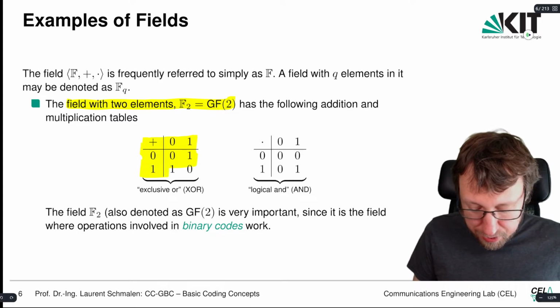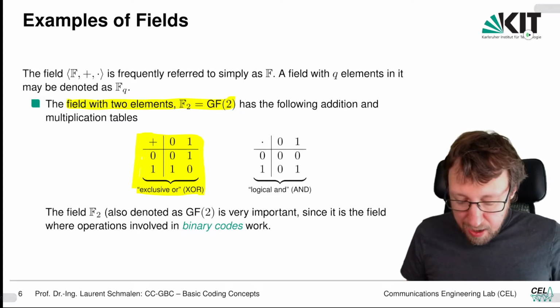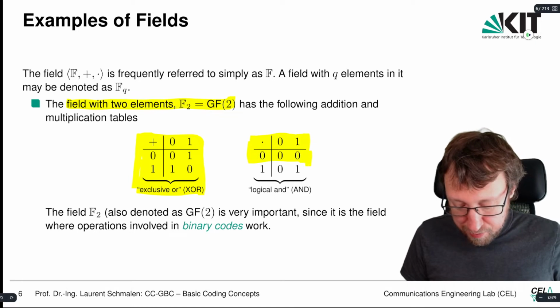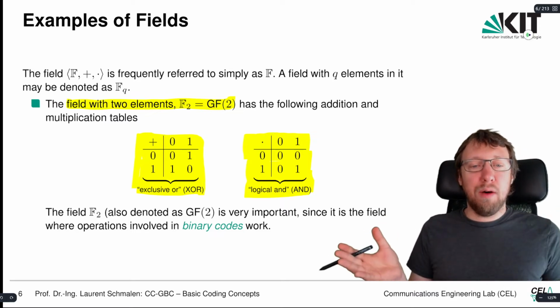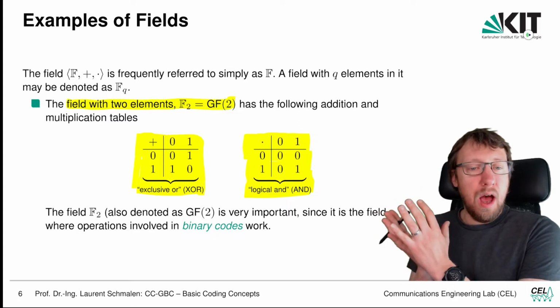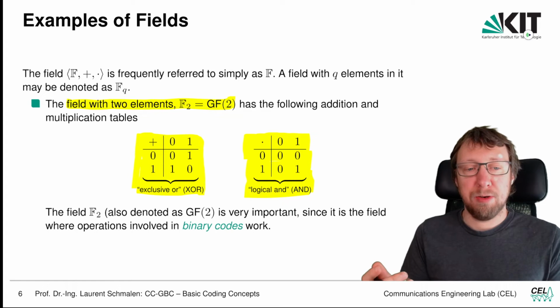We have an addition table which corresponds to the binary exclusive OR operation, and we have a multiplication that corresponds to the logical AND operation. So essentially we have these logical operations, XOR (exclusive OR) and AND, and we interpret those as addition and multiplication.